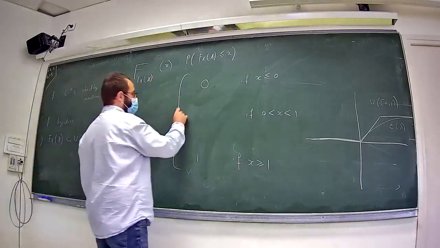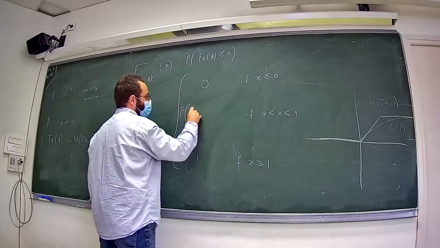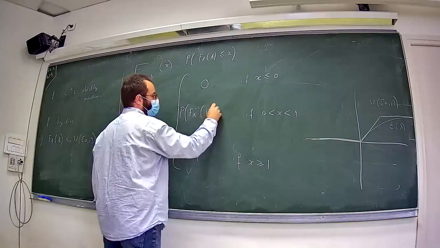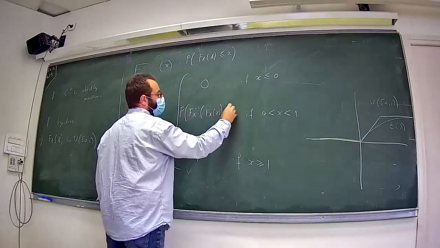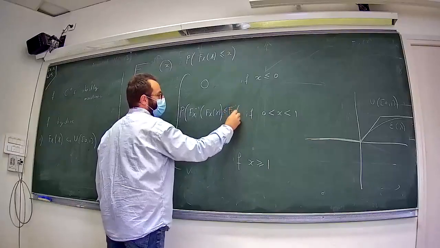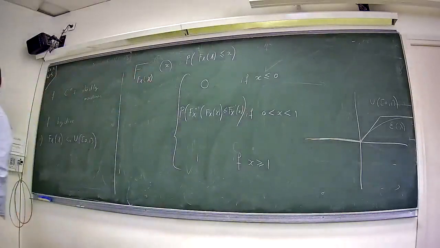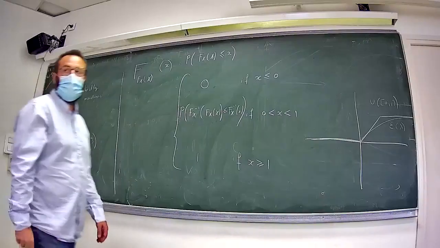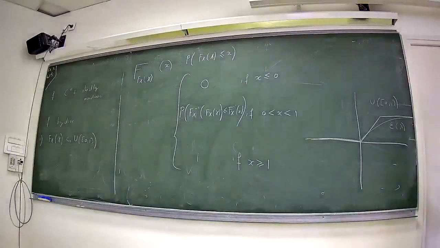So the probability I am interested in may be written as the probability that F_X minus 1 of F_X(X) is less than F_X minus 1 of small x. I just apply F_X minus 1 on both sides. It's what I did with the logarithm and the exponential.